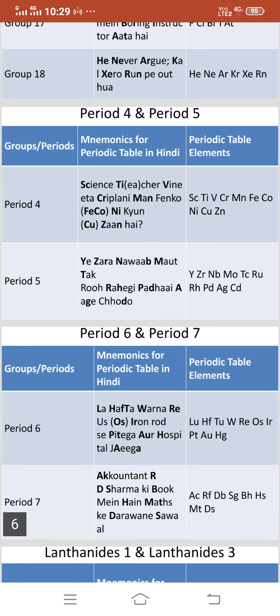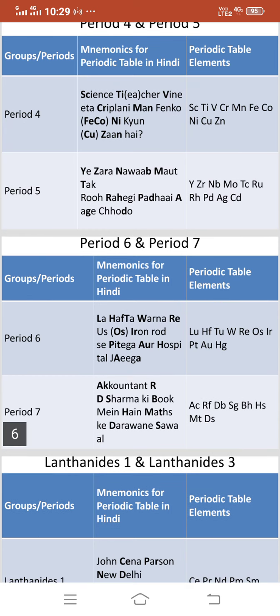So this is the mnemonic for period 6 elements. Then the mnemonic for period 7 elements: Accountant R.D. शर्मा की बुक में है मैथ्स के डरावने सवाल. So this is the mnemonic for period 7 of D block elements.